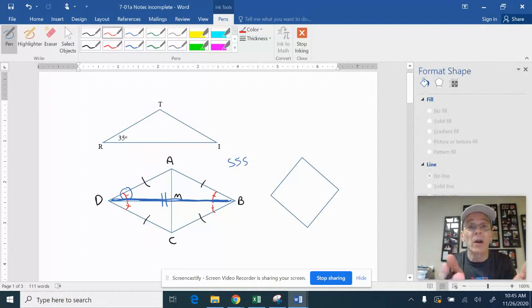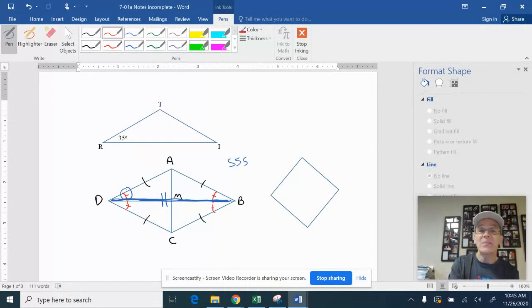And don't they look all four congruent to each other, right? But looking congruent to each other is not the reason that we know they are congruent to each other. I just proved to you that they would have to be congruent to each other by getting some congruent triangles in the picture, right?